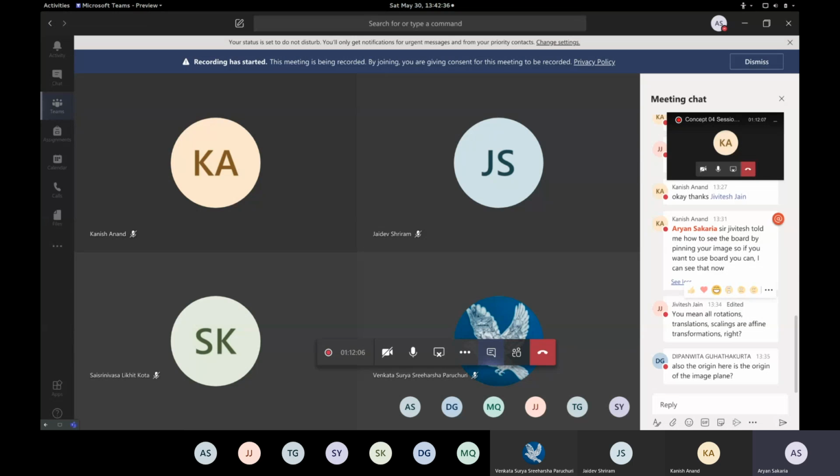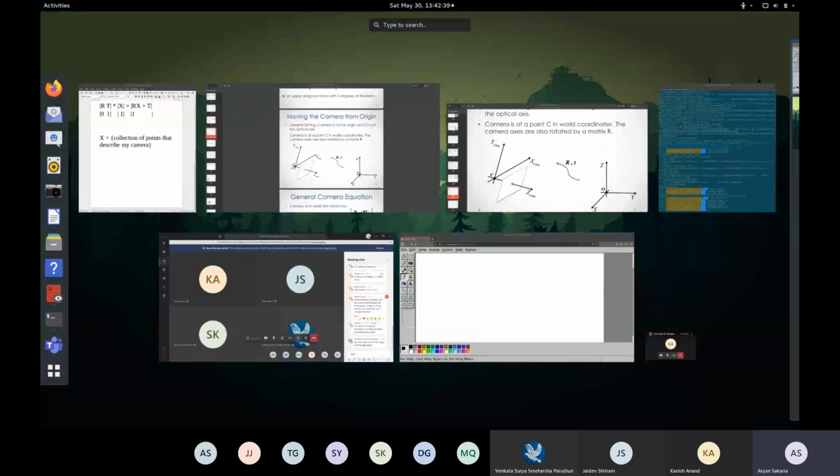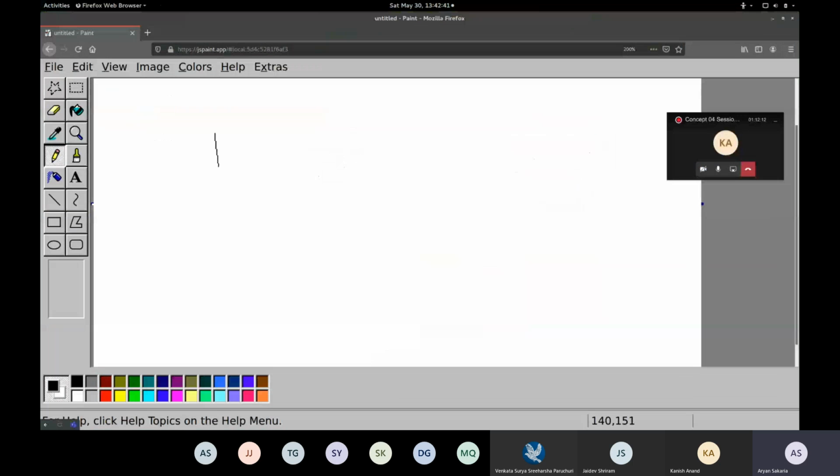No, the image plane is away from the origin of the camera frame. So if I have my camera frame, let's say it's over here, this is the origin of the camera frame. The image frame is at a distance from this camera frame. Everything's along the Z axis. So this is my Z. Let's call this X and this Y. I hope I got the conventions right.